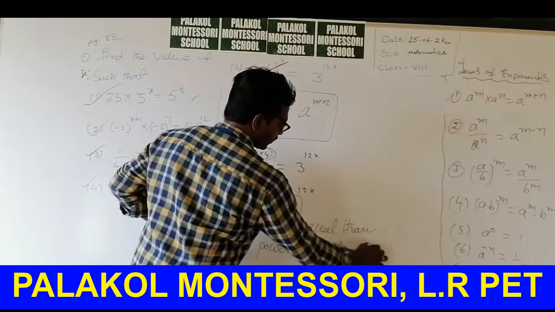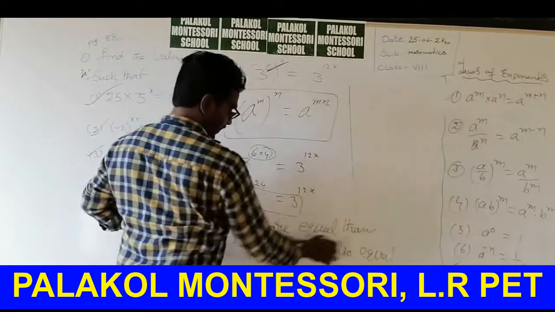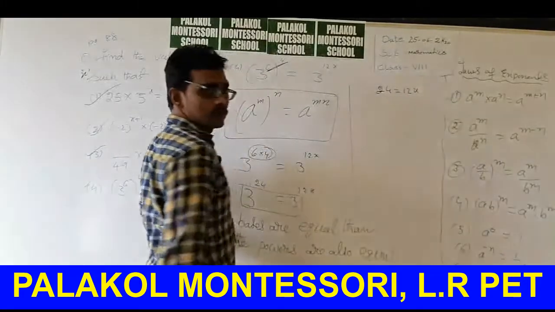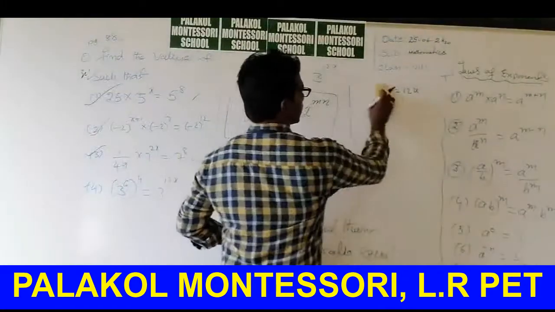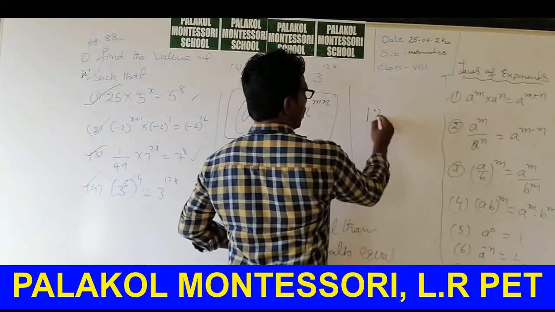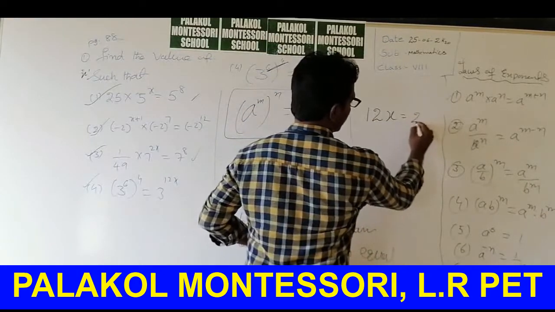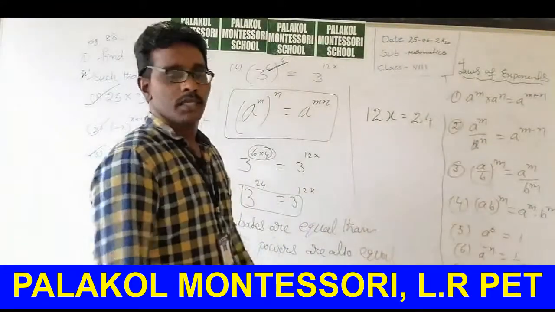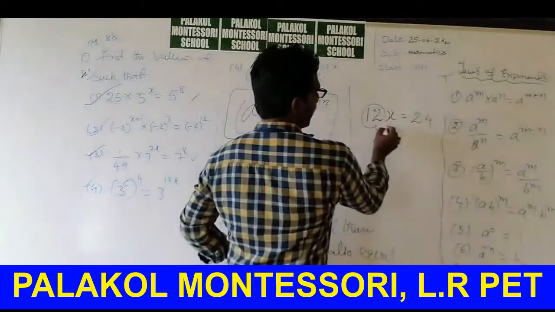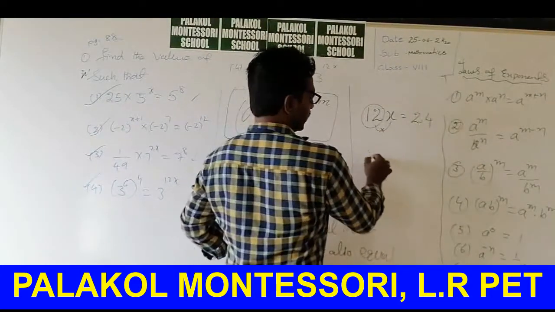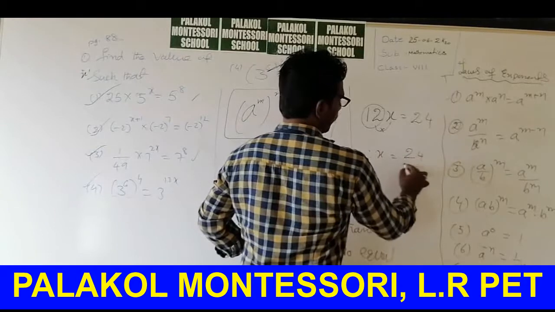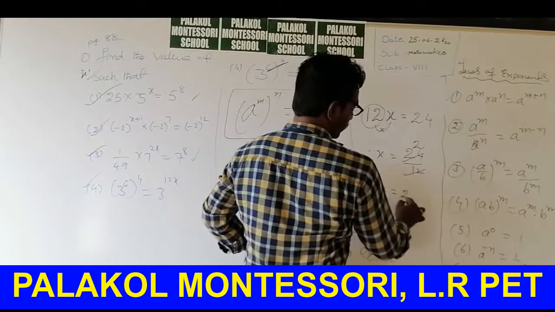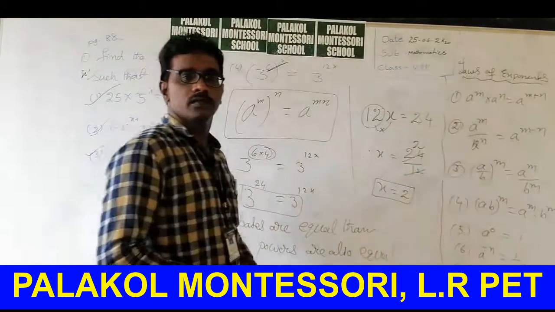So 24 is equal to 12x. So 12x is equal to 24. 12 here is multiplication operating with x. Send that side, it's divisible. So 24 by 12. How many times is it cancelled? 2 times. So x is equal to 2, guys. X is equal to 2.